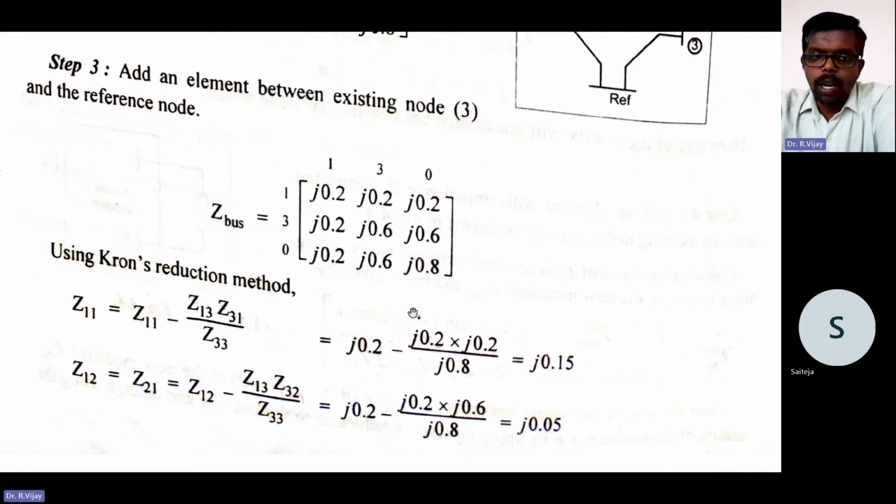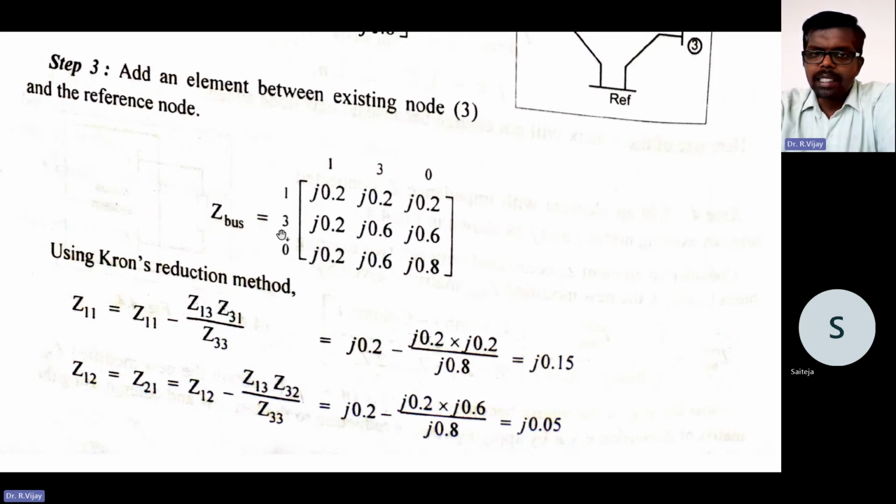Now next, Z13 into Z31. Z13 is 0.2. Z31 is also 0.2, divided by Z33. Z33 is 0.8. So you are substituting that.